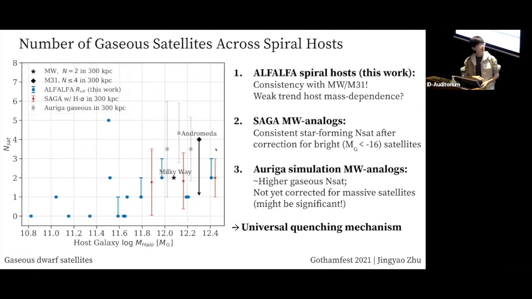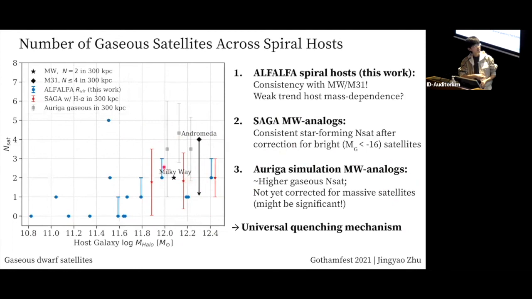In comparison with the SAGA catalog, they're known to be very star forming, or non-quenched. But after we made the correction, taking out the brightest satellites for consistency with the local group, the number goes down drastically and is still in fair consistency with the Milky Way and Andromeda.